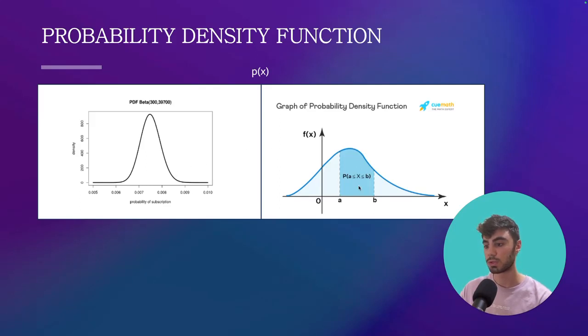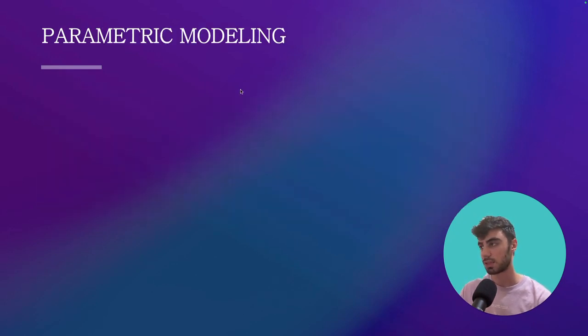Also, if you want to find the probability of an interval, this interval here, A and B, we can show the probability from A to B like this in the graph. And the PDF is always non-negative, okay? It will also help us understand probability better, because we will use it in our other terminology too.